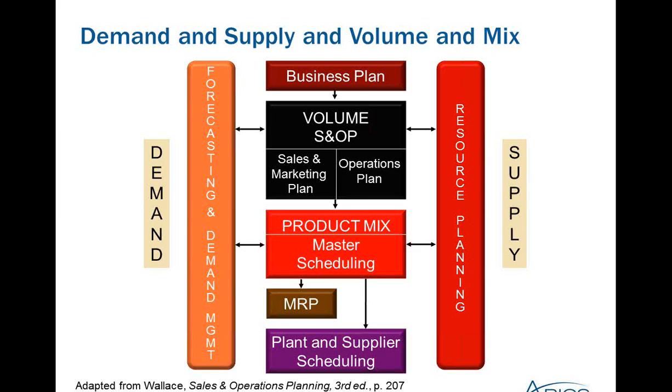So what we're always keeping in mind is matching the amount of detail that we have to deal with versus the horizon. The longer the horizon, the less detail that you can afford to deal with and still come up with something that's worthwhile. So in general, you have a business plan or strategy going out a few years, and then you feed that into sales and operations planning as a process.